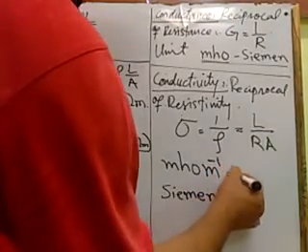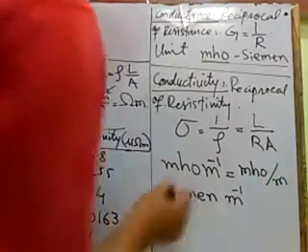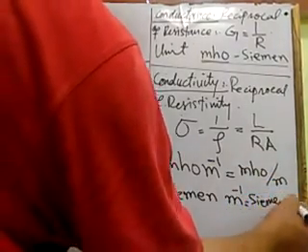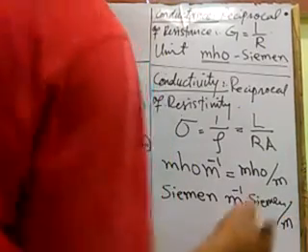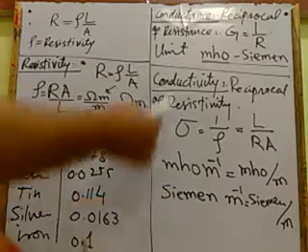We can write it again as mho divided by meter, or Siemens per meter. So this is the unit of conductivity.